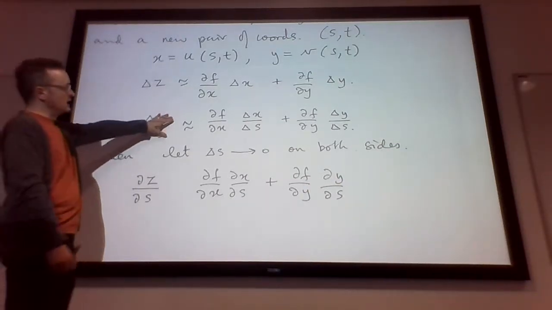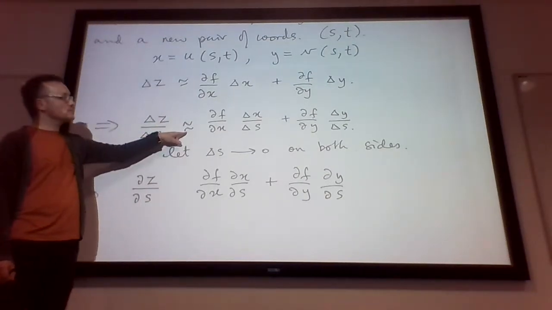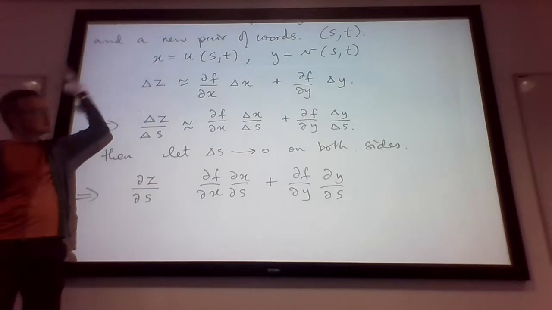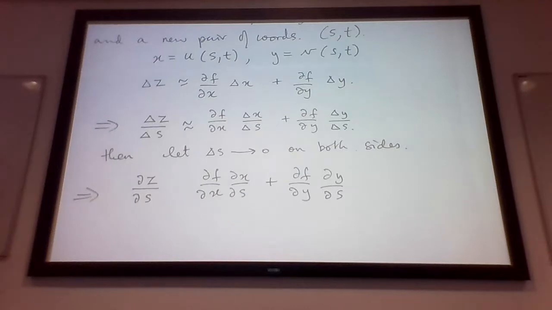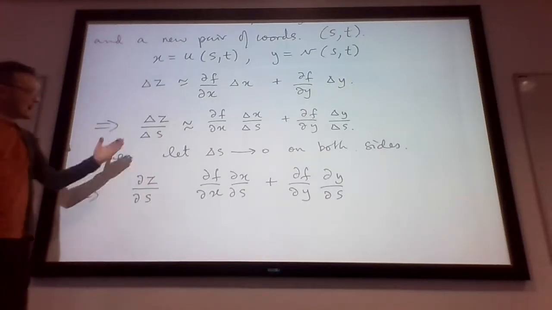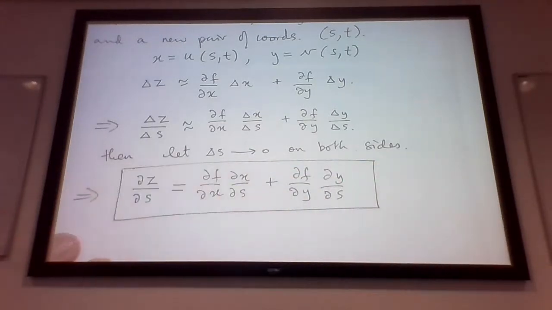The small increments formula gave us an approximation to the change in z, but it's a very good approximation for small delta x and delta y, and as they get smaller, the approximation gets better and better. So in the limit, this is no longer an approximation but an equation, which is called one of the chain rule equations for this two variable system.